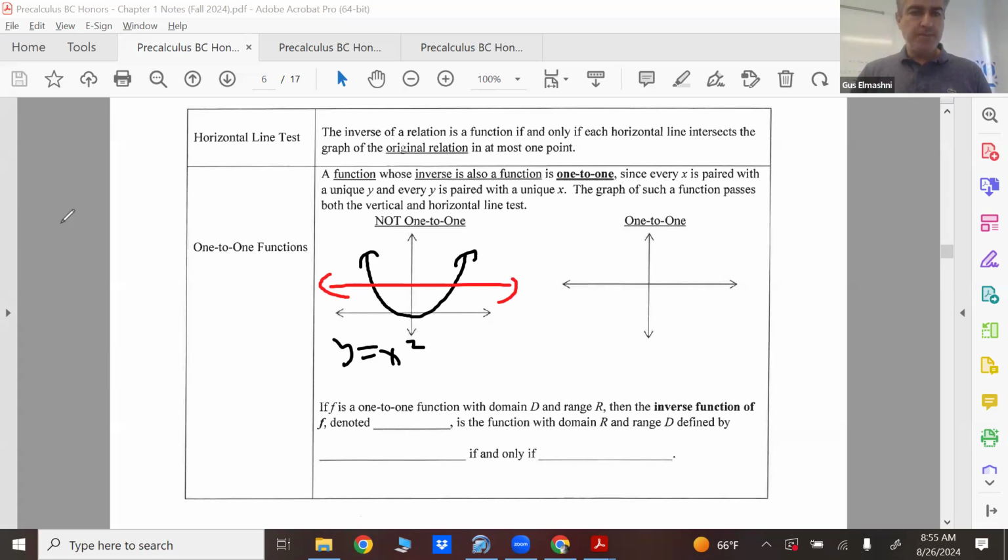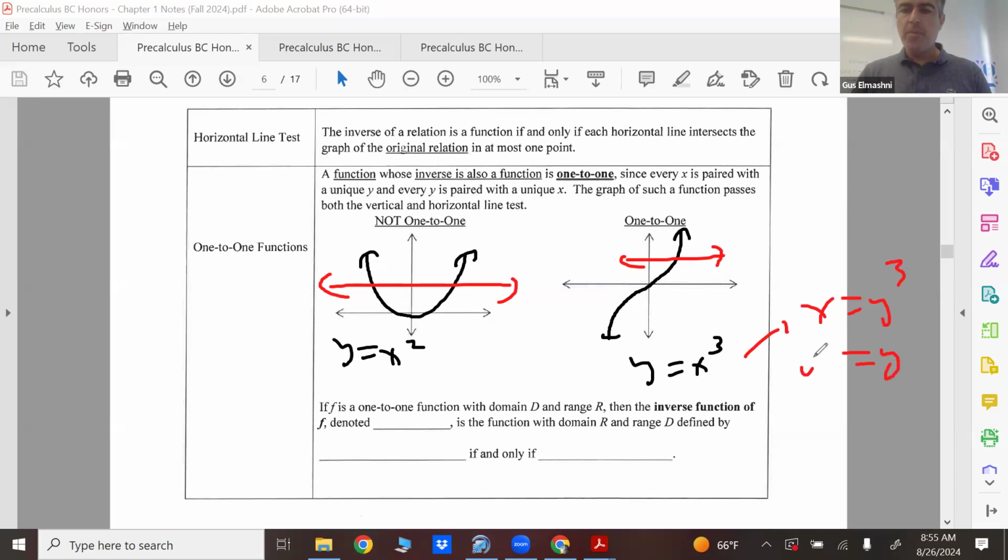Whereas something like this here, y equals x cubed, it passes both vertical and horizontal line tests. Because think about it, what's the inverse? The cube root of x, which looks just like this.